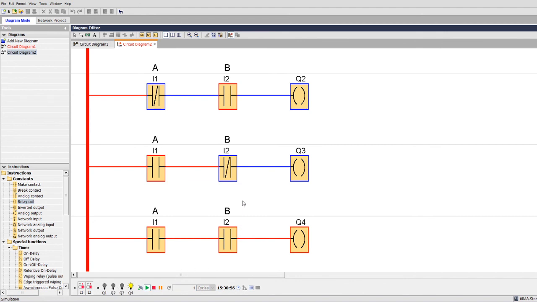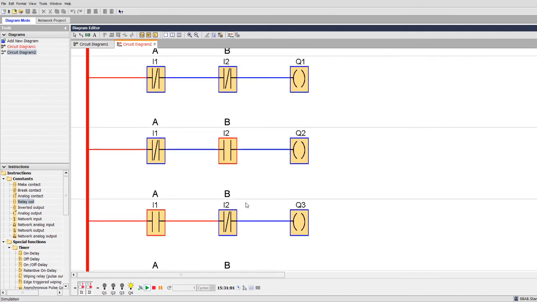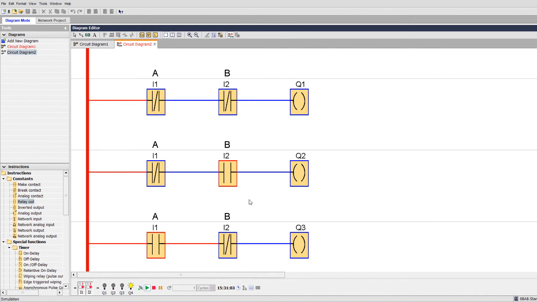Okay, so this is the operation of a 2 to 4 decoder using a PLC. Like this we can also implement different combinational circuits. We can implement higher order decoders, such as a 3 to 8 decoder, 4 to 16 decoder, or 5 to 32 decoder, or whatever the number we need.